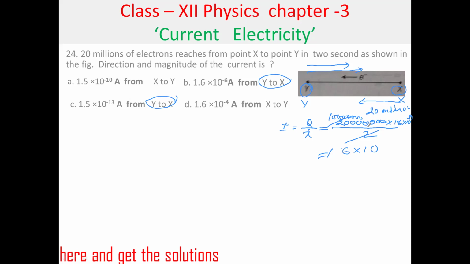So it will be 1.6 into 10 to the power minus 12. Just 1 minute.